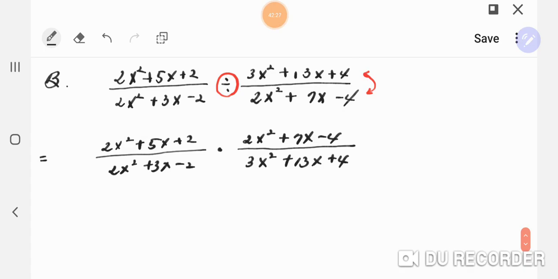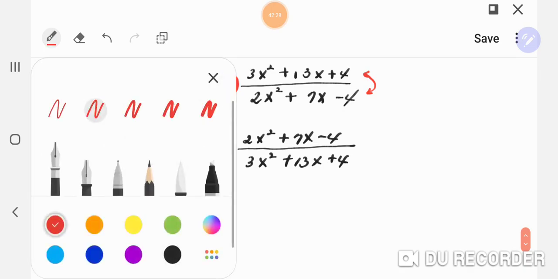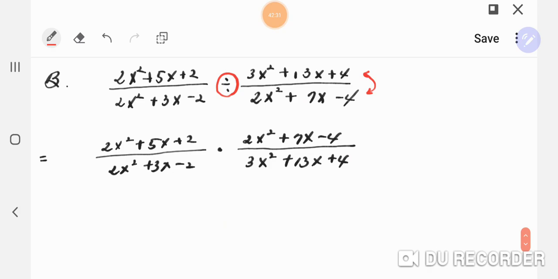Once we interchange fractions and make it a multiplication, we have to factor each part.